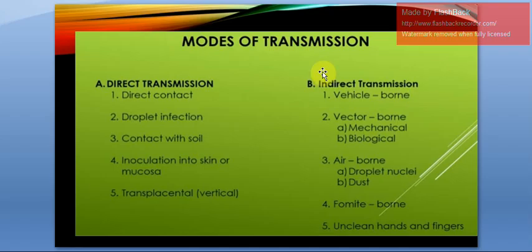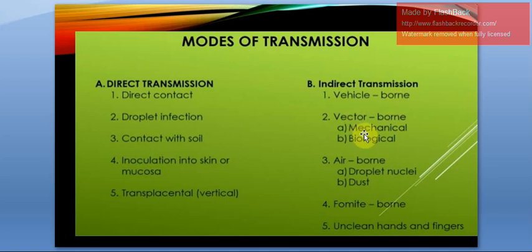Next one is indirect transmission. Now under indirect transmission we have got different ways of transmission. First one is vehicle borne. Vehicle borne means maybe through food, clothes, bedding or even through utensils. Okay, so that will serve as vehicle transmission. Next one is vector transmission. Vector means usually your ticks, fleas or mosquitoes, they will act as a source of infection.